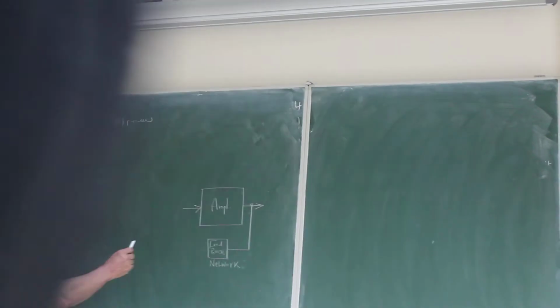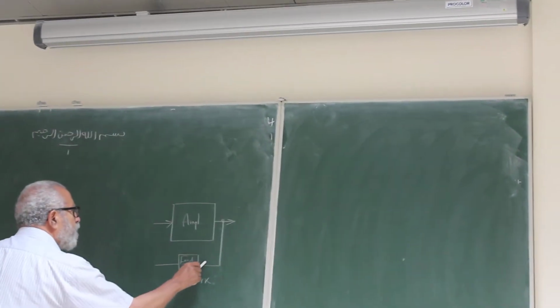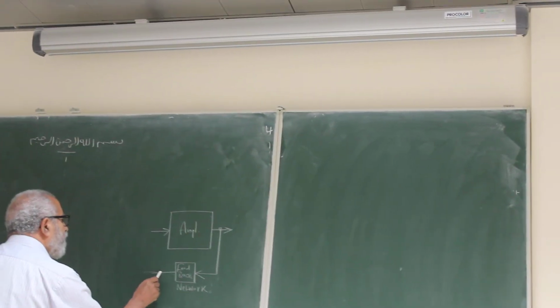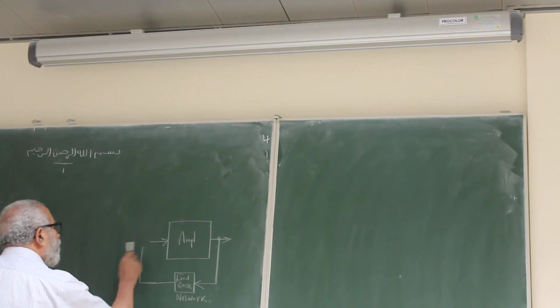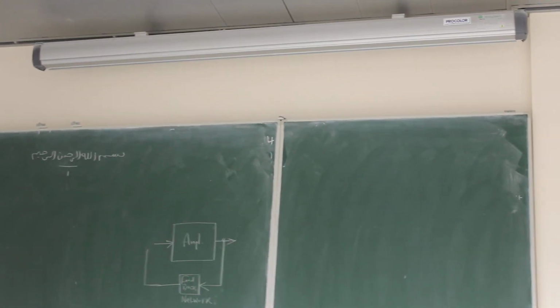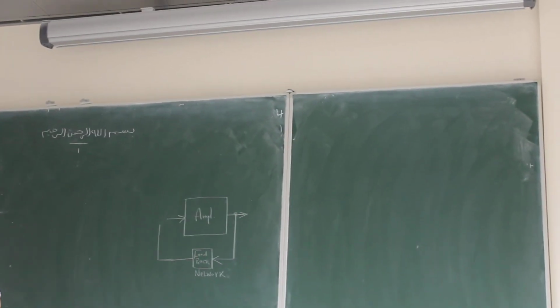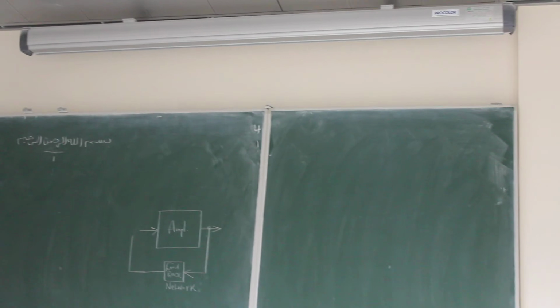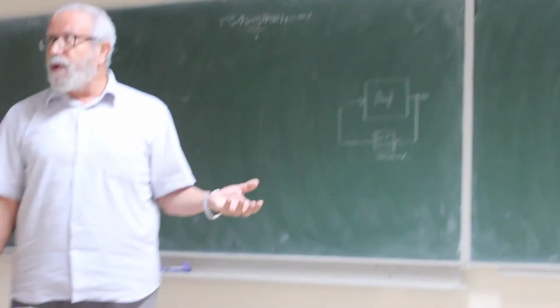And then the output of the feedback network will be fed to the input. It may be added, or it may be subtracted. It depends on what we want. We will see now what the consequences of adding or subtracting are.